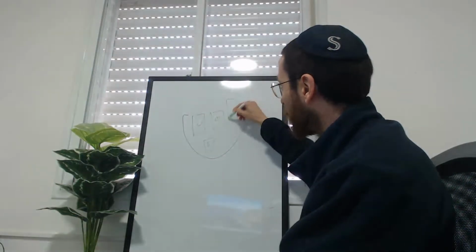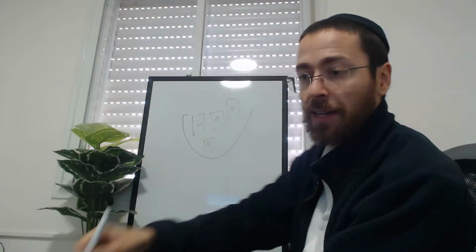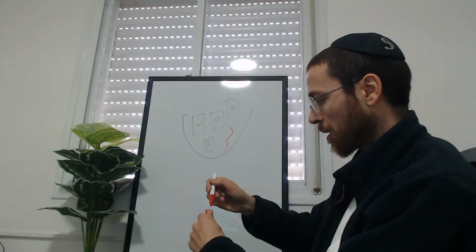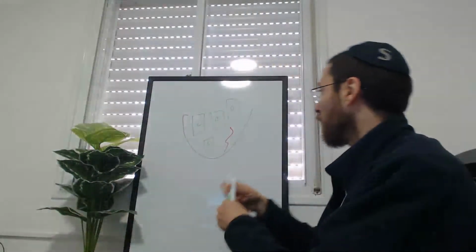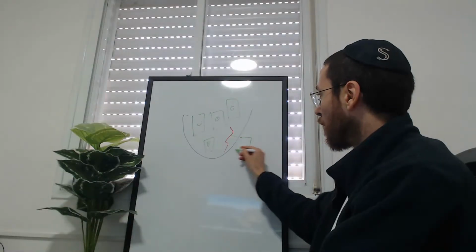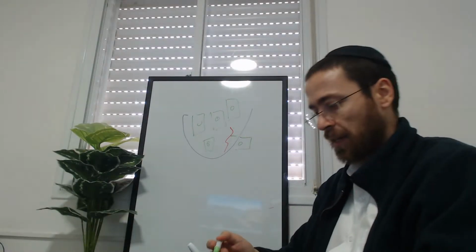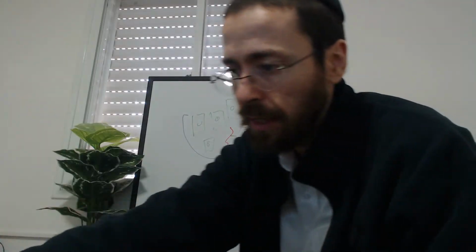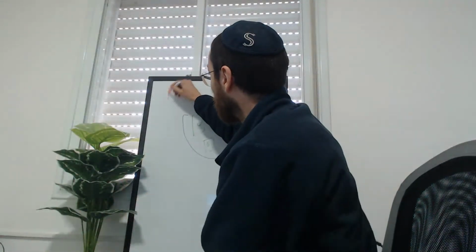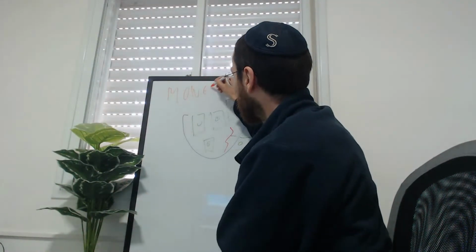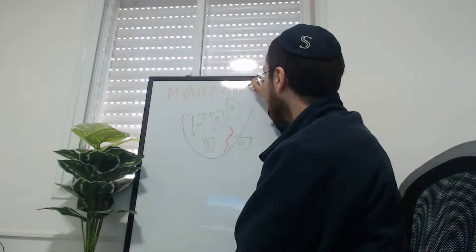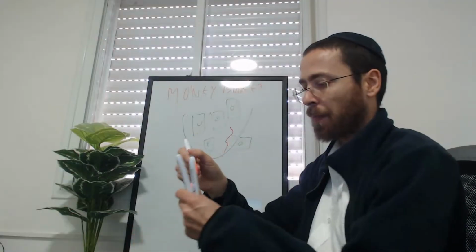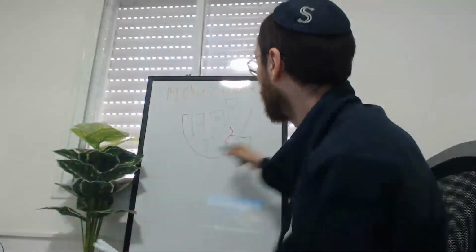Now, it's all fine and dandy until the day where, oh no, you've got a little crack. And then, what do you know? The money is leaking out of your bucket. So, how do you make sure that doesn't happen from your weekly sales bucket, your money bucket, right?